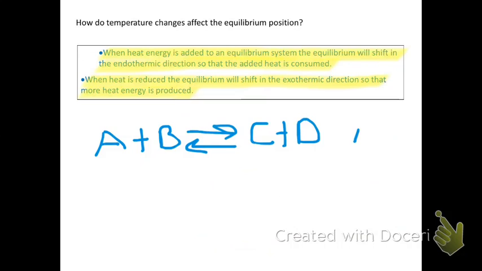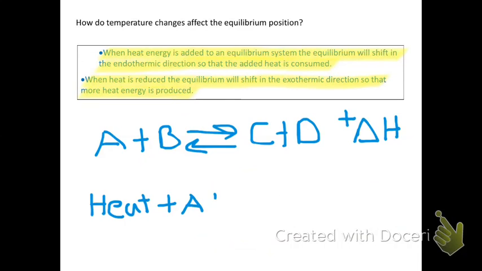Now let's say that the delta H is going to be positive. So what does that mean? Well, that means that in the forward direction, the reaction is endothermic. So in this case, I'm going to put heat energy on the reactant side, plus A plus B produces my equilibrium with C plus D.